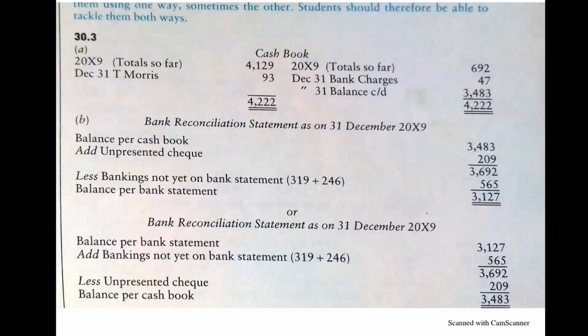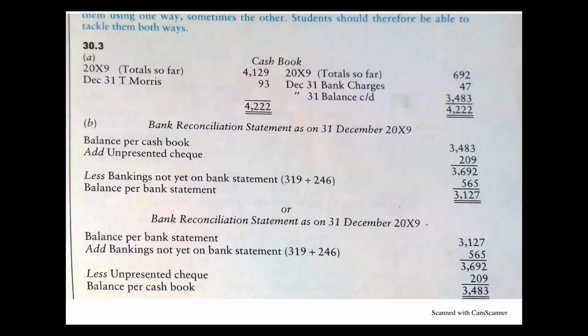So if you follow this format, where you start with the balance per cash book, then you will add the unpresented checks. When you are done adding the unpresented checks, you are going to less the bankings not yet on the bank statement. Those are called uncredited checks.